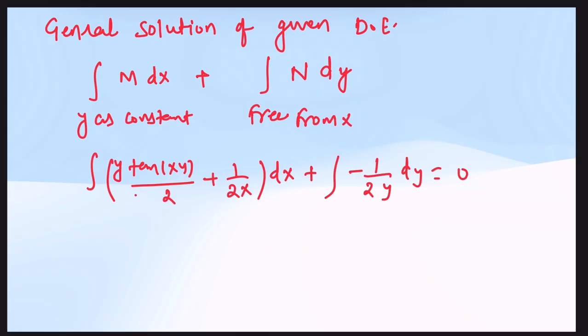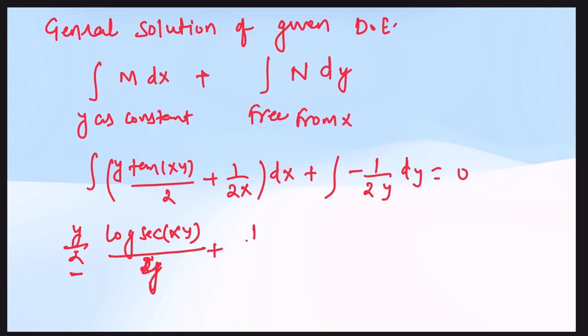So y is a constant, so y by 2. The integration of tan x is log sec x, so it is xy upon y, y being a constant, so 2y, 2 is outside, plus 1 by 2 integration of 1/x is log x, minus 1 upon 2 log y equal to log c, where log c is any constant.